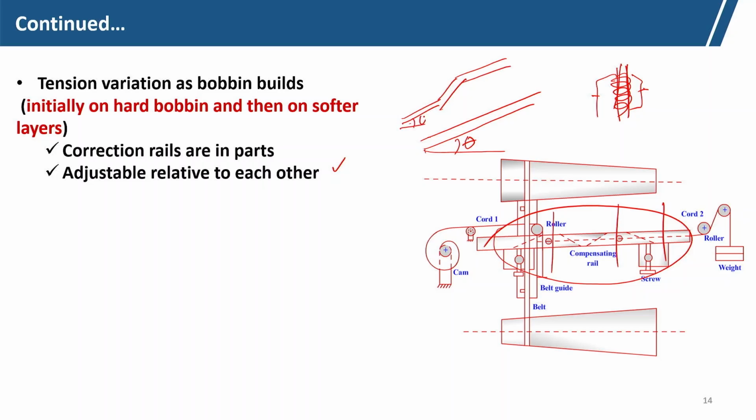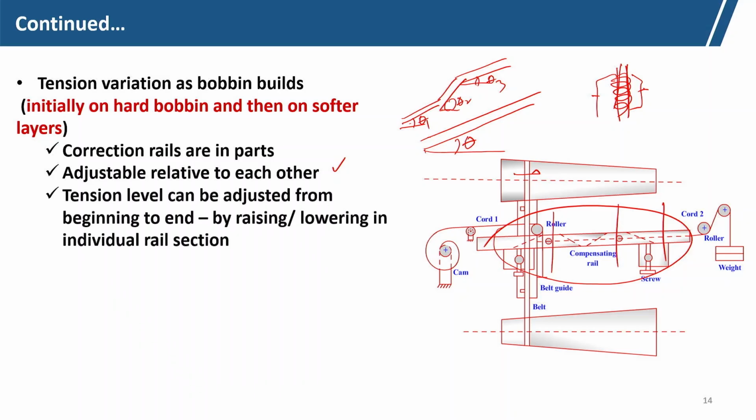So this is theta 1, theta 2, theta 3, depending on our requirement. How fast we want to change the belt shift can also be controlled, but in our derivation we will discuss the simplified model.